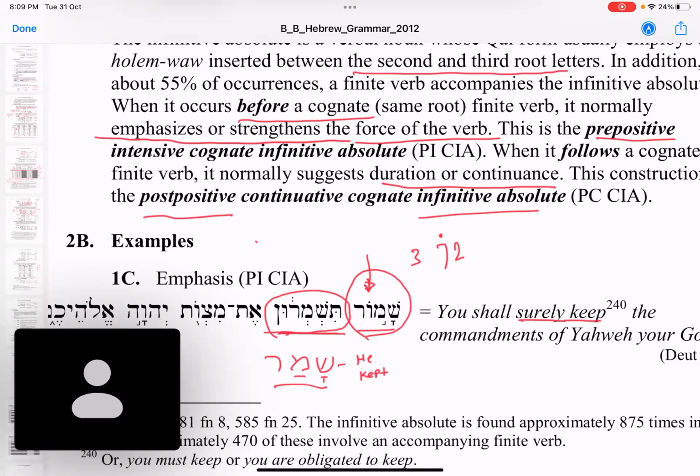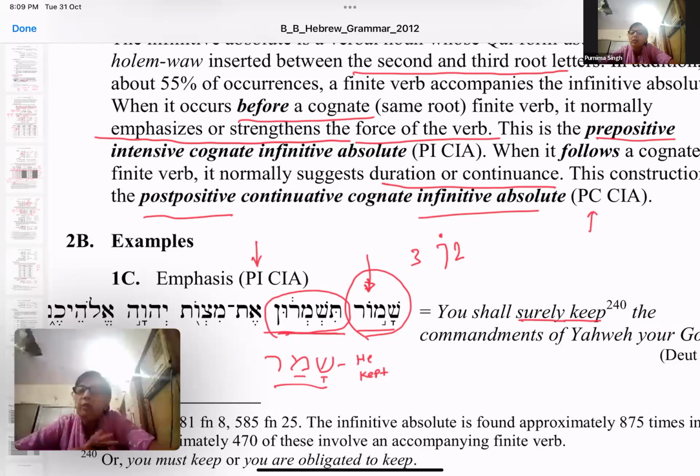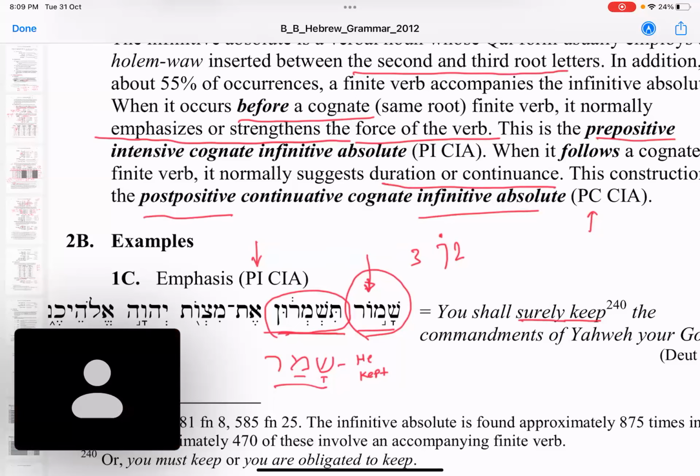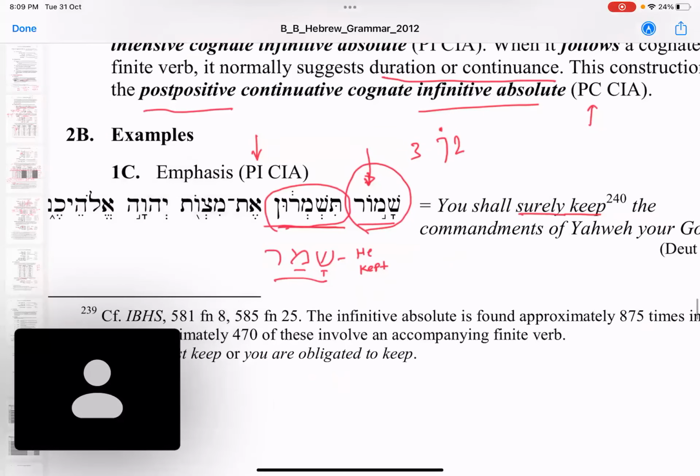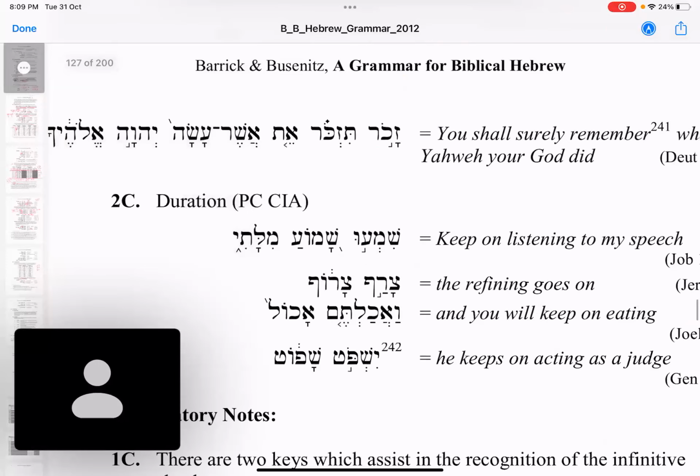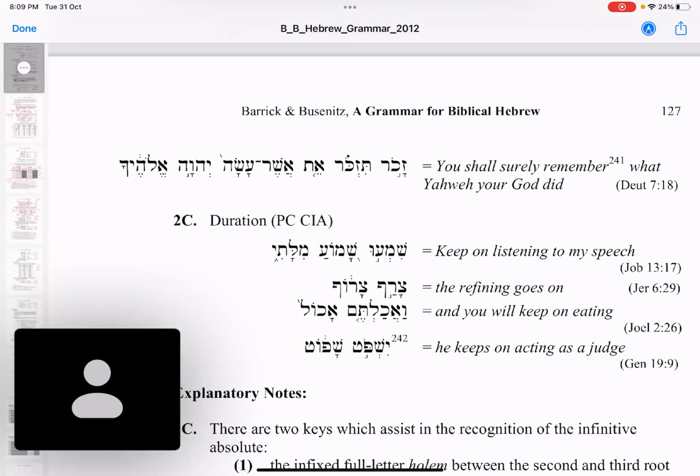I refers to intensive, whereas in PC, P means post-positive, C means continuative. Now here you will find continuative, cognate, infinitive, absolute.